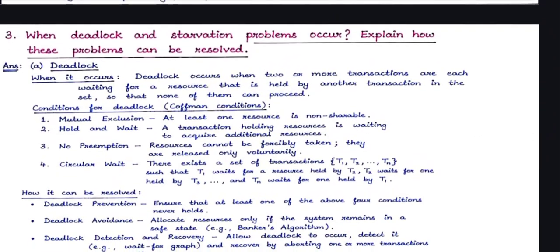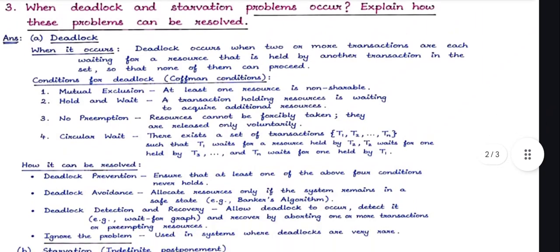When deadlock and starvation problems occur, how can they be resolved? Deadlock occurs when two or more transactions are each waiting for resources held by another transaction in the set, so that none of them can proceed further.